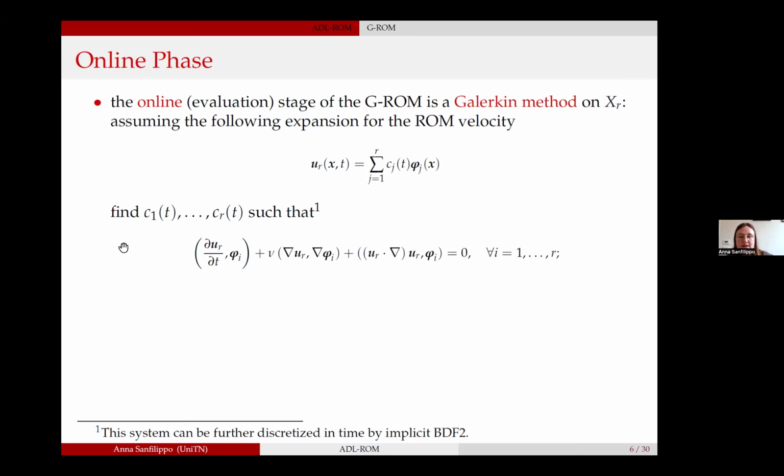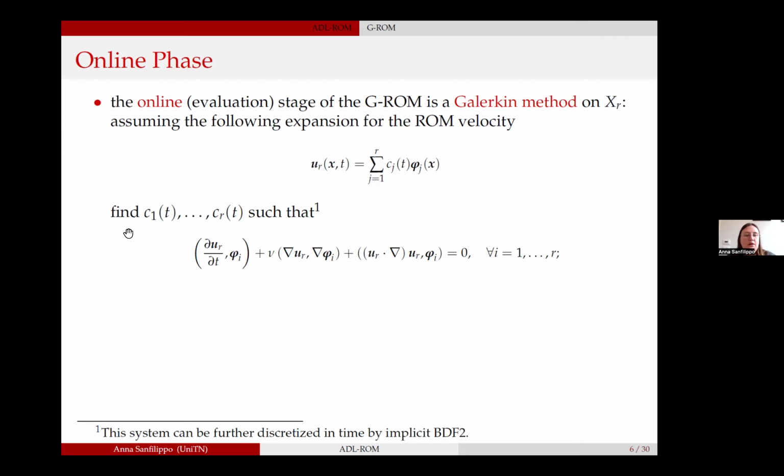So to find these coefficients we want, we have to solve this problem that, first of all, can be fully discretized by using BDF2 or another time scheme for the time derivative. And it's basically the same formulation as the finite element problem associated with the Navier-Stokes equations.